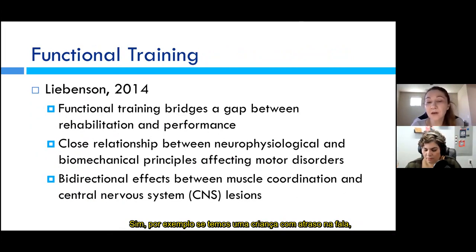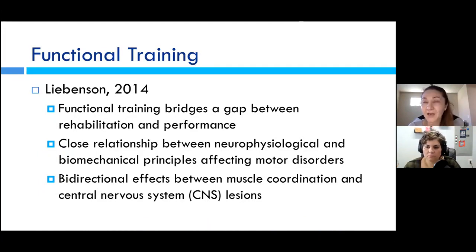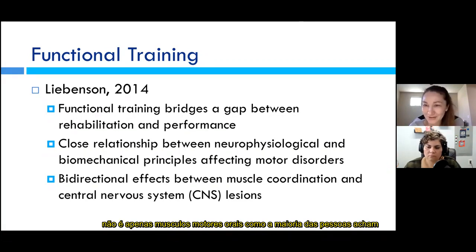Yes. So for example, if we have a child with a speech delay, we typically look at the speech delay, and we don't really look at the biomechanics of speech delay. So when we stimulate appropriate muscles, and it's not only oral motor muscles, as most people think, we have to focus on different areas in the body, which functions as a whole. It's not that speech is limited to our face and our mouth.